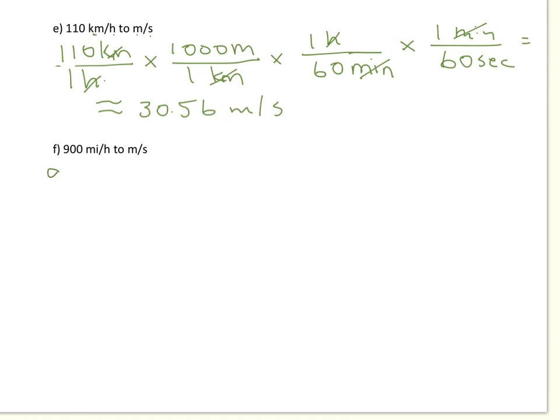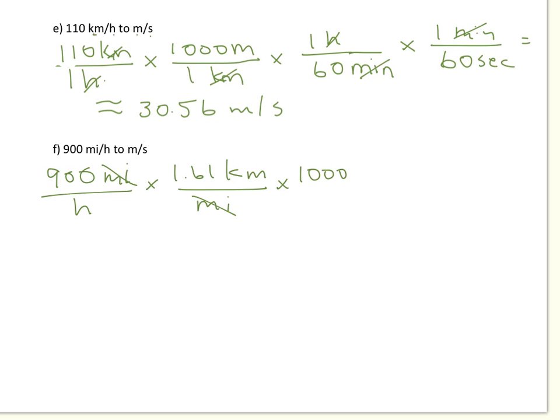So we're going to start with 900 miles per hour, and we're going to multiply by 1.61 kilometer per mile. So now our miles have divided out, and we'll multiply by 1,000 meters per kilometer. So our kilometers have divided out.